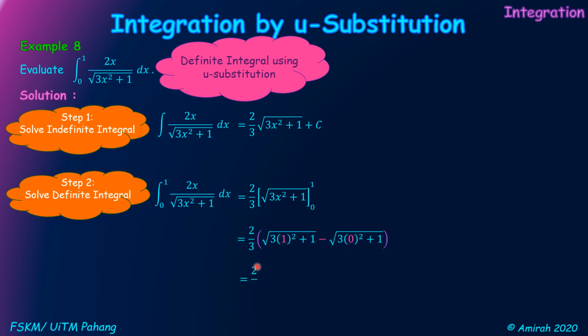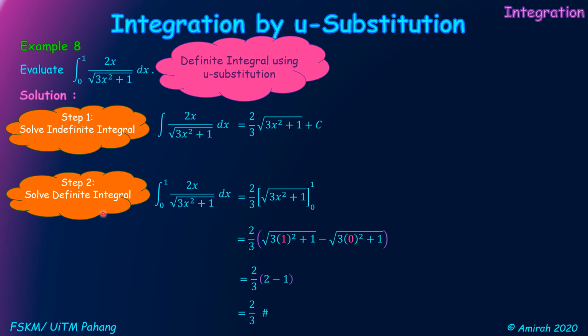And then we can simplify. So we have 2 over 3, square root of 3 times 1 squared plus 1. This is square root of 4, which equals 2. And then minus, this is square root of 1, which equals 1. So we get 2 over 3, the final answer. This is the final answer, which is 2 over 3.